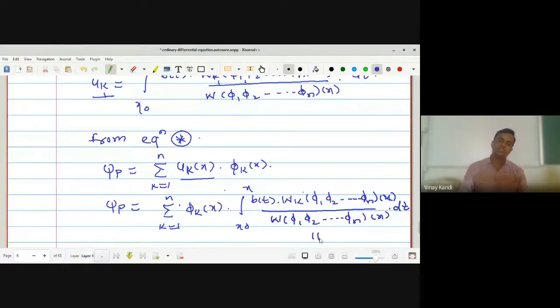So this is the proof of this theorem. Okay, any doubt?